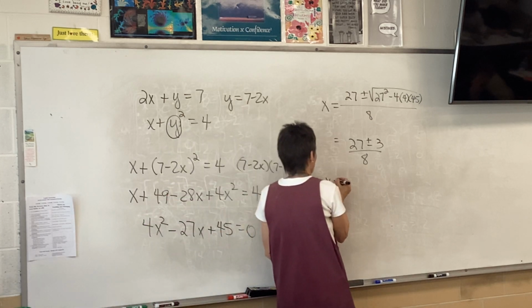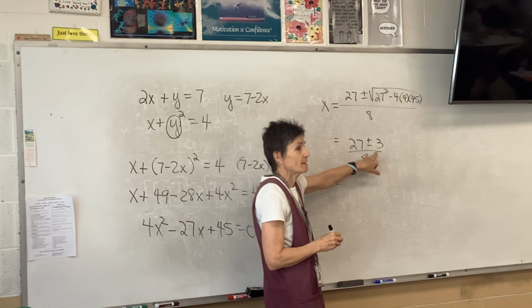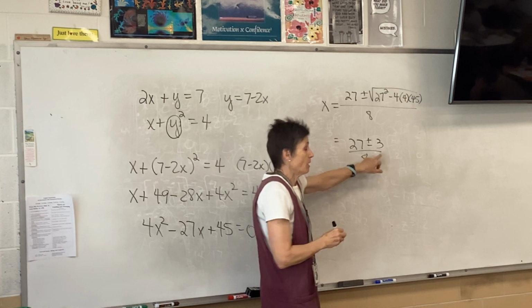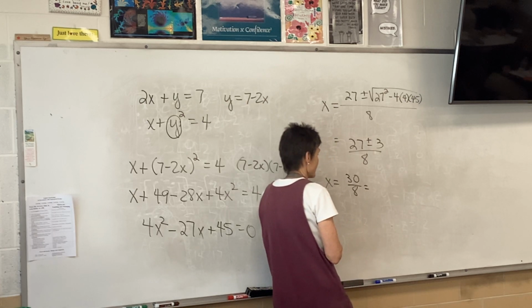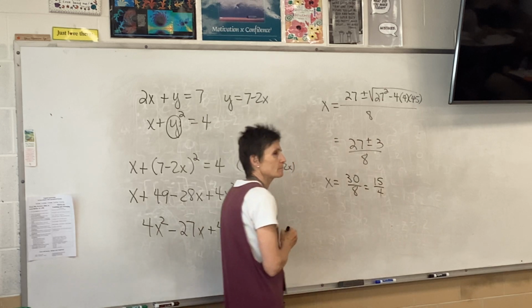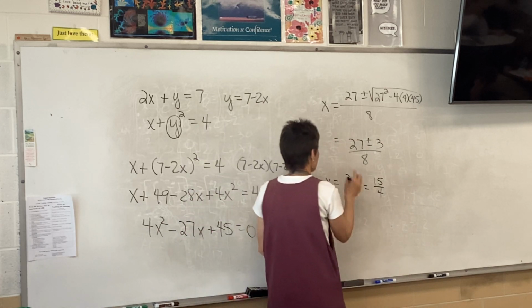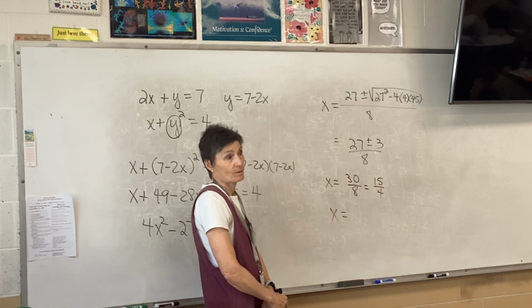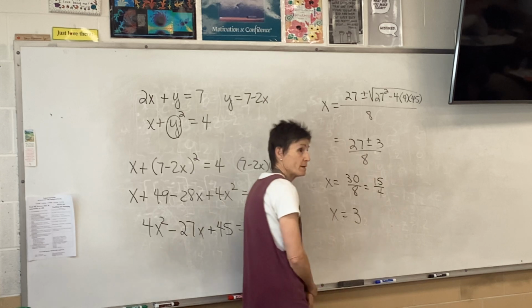X is going to be what? 27 plus 3, which is 30 over 8, which is 15 over 4. Or x equals 27 minus 3 over 8, which is 3.